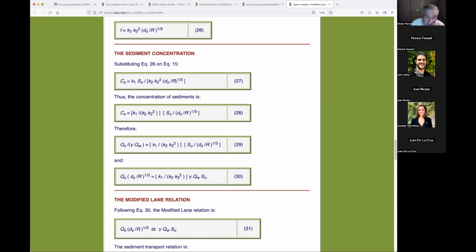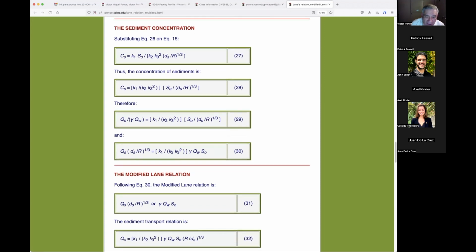So now the concentration of sediments is this, just straight algebra. Therefore, we develop an equation which has all the parameters that Lane used in the right place. Only that Lane put in a proportionality sign.